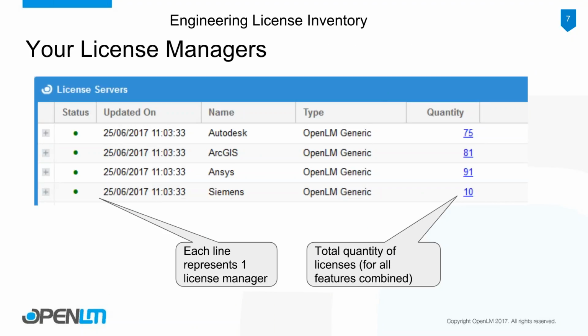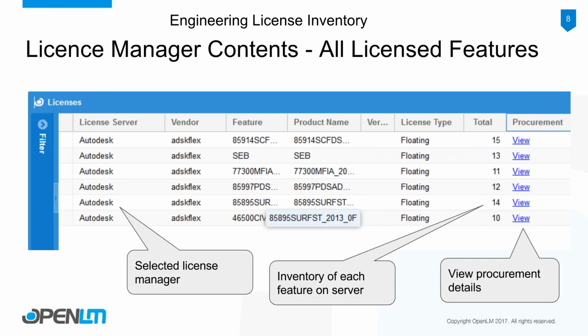This is the license server screen that displays all your license managers, their status, and the number of licenses contained in each one. We can take a look inside one particular license manager and see a list of the licenses contained in it, together with the number purchased for each one.